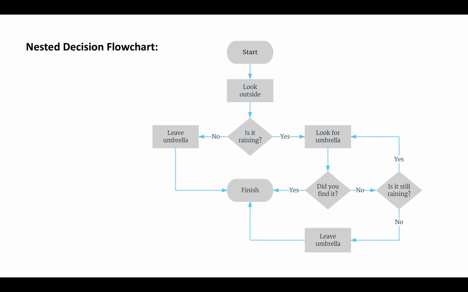If you find it, well and good, finish. If you didn't find it, you recheck whether it is still raining. If it is raining, you again look for the umbrella, and if it is not raining, leave the umbrella and finish. So this is a simple representation of nested decisions inside a flowchart.